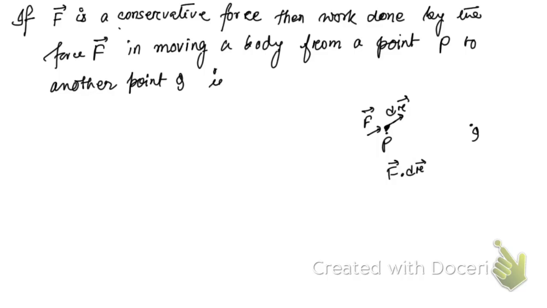Then what will be the total work done in moving this particle from P to Q? That will be obtained by integrating this from P to Q. Hope you have understood this. So that's why we have the integral from P to Q of F dot dr.